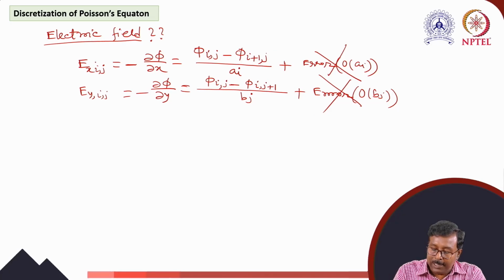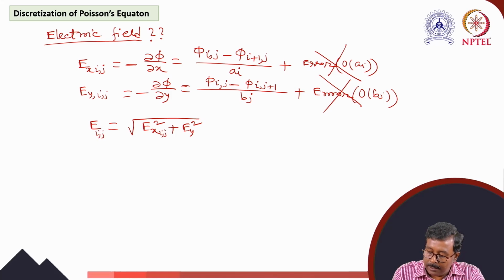And after getting this Ex and Ey, E can be obtained as Eij, that will be square root of Exij square plus Eyij square. In this way, electric field can be obtained.